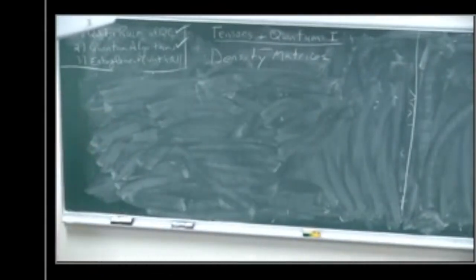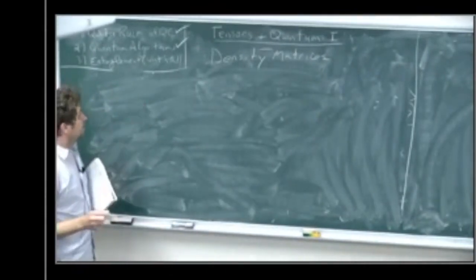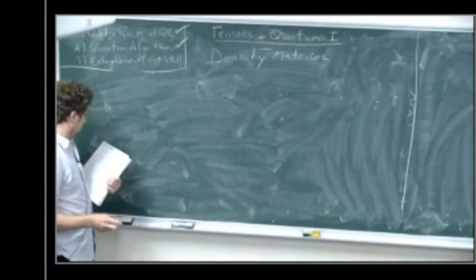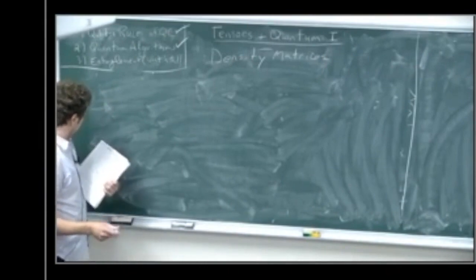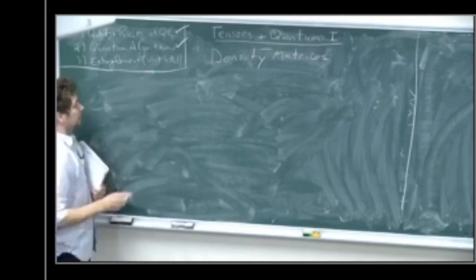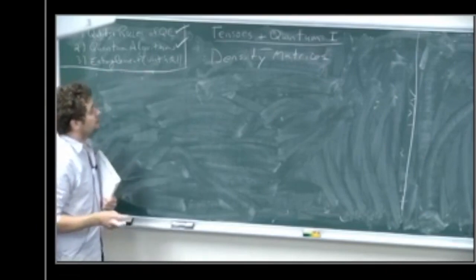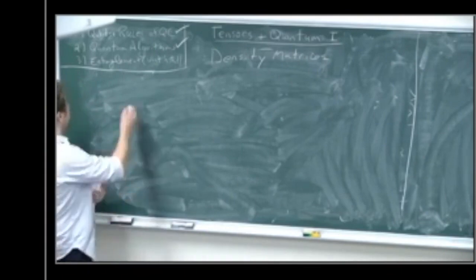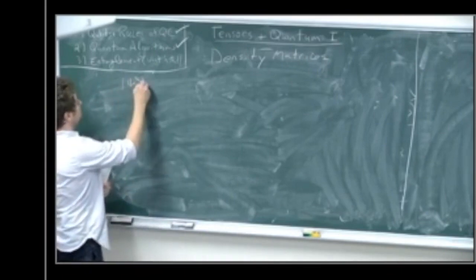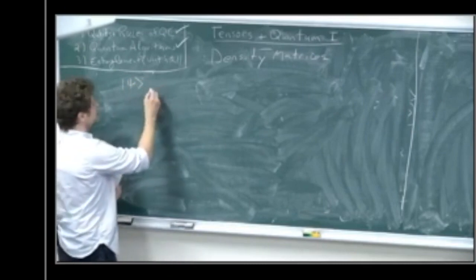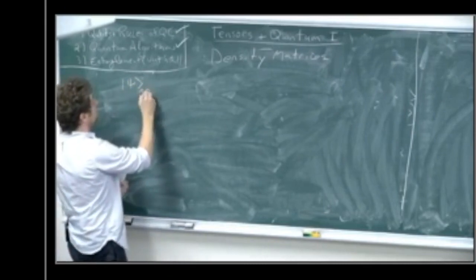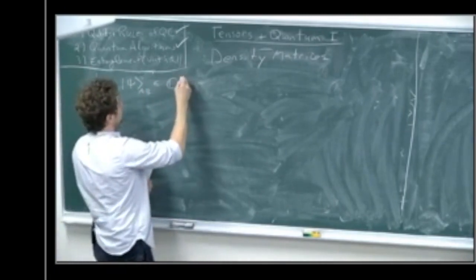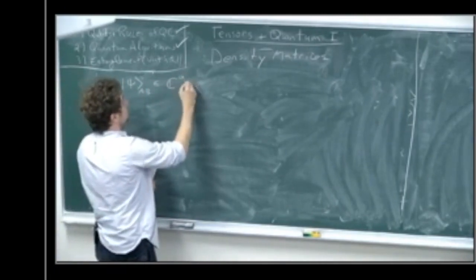We're going to have to make a slight jump beyond that if we want to talk about entanglement, and that involves going to, instead of unit vectors, now talking about density matrices. So let's say I have some state on a two-party system, a unit vector in C^A tensor C^B.